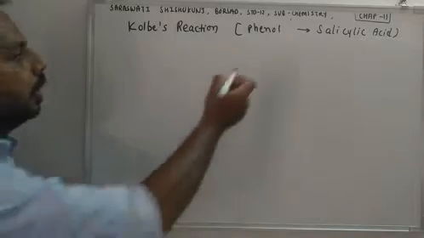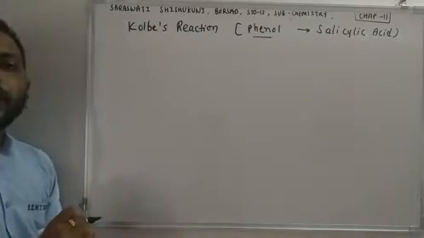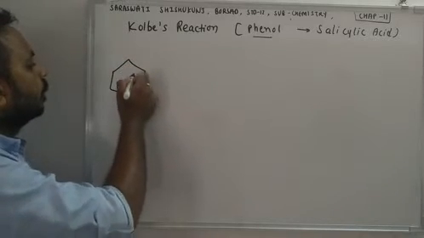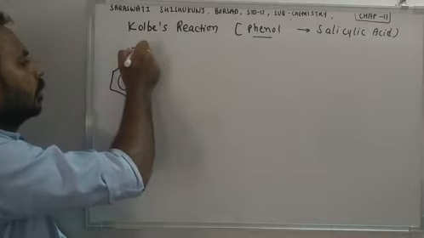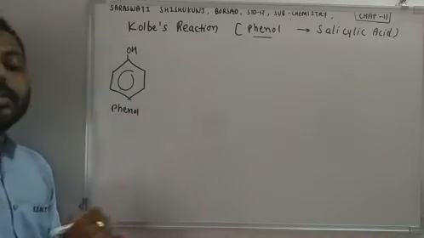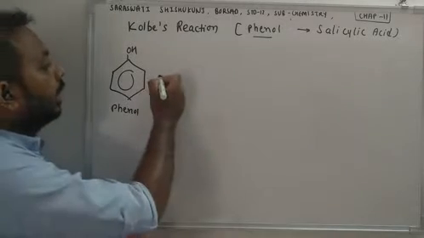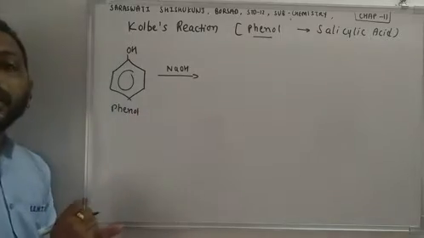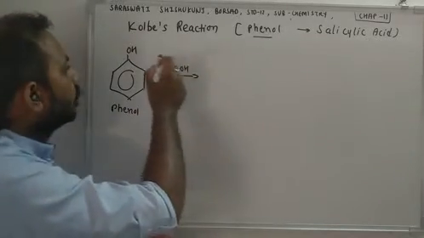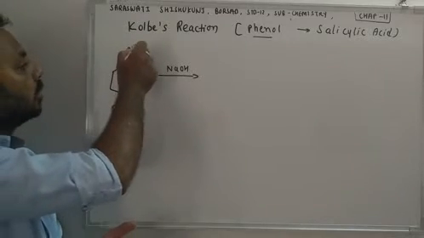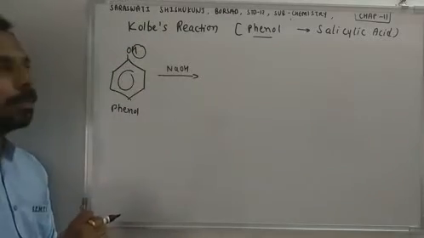So first of all, we need to take phenol. This is phenol. First step is phenol reacts with NaOH. Phenol, as we know, is acidic in nature, so H plus will be donated from here.